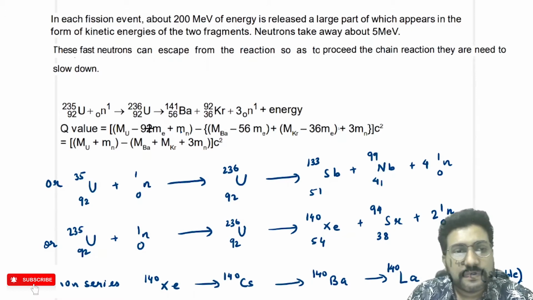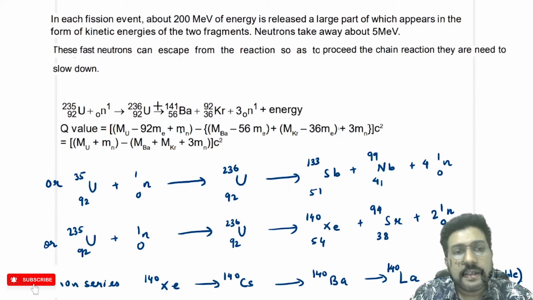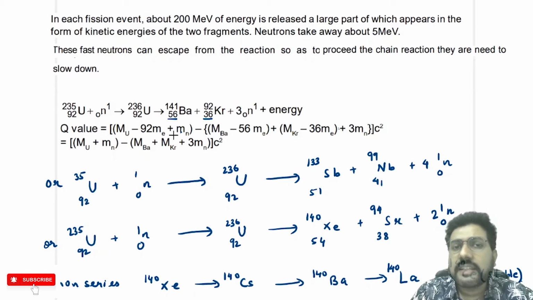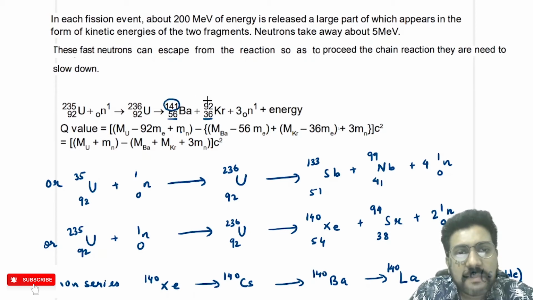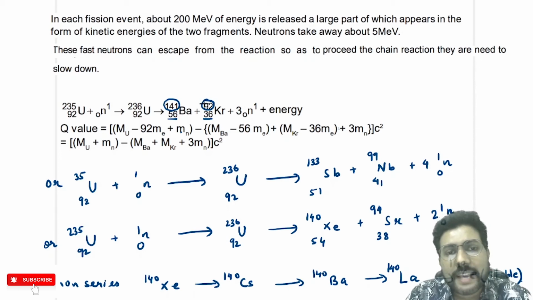Now, uranium 92-235, when it absorbs one neutron, it first converts to uranium-236, 92-236. Then it splits into two nuclei, that is barium and krypton. Now, the atomic number of barium is 56 and the atomic number of krypton is 36. This is fixed, but the mass number can be different in different books, because many isotopes of barium are there.